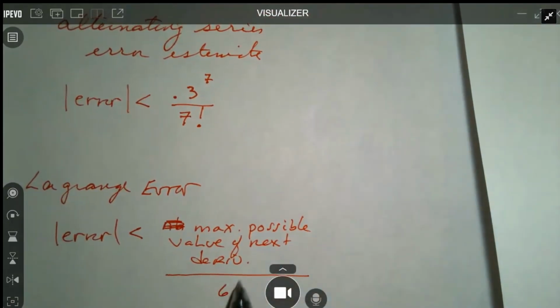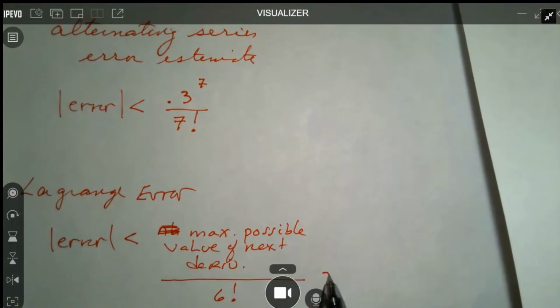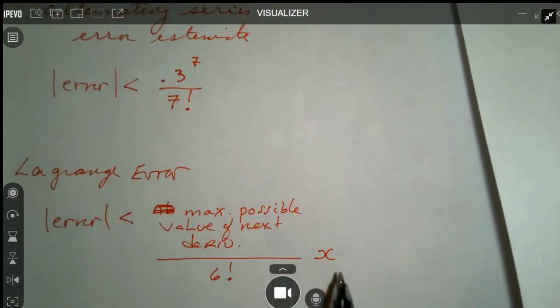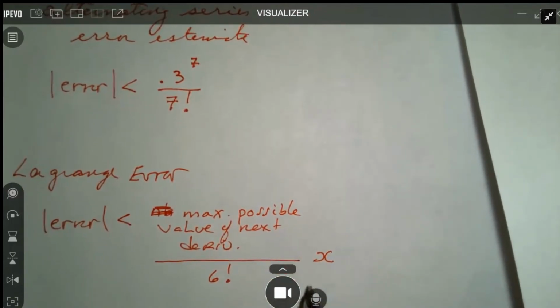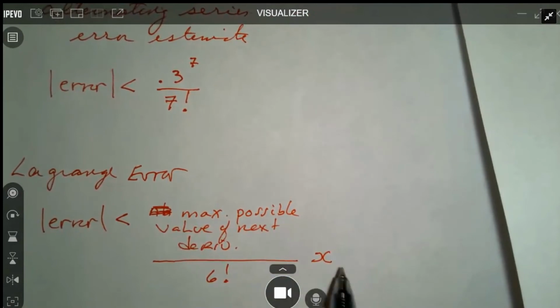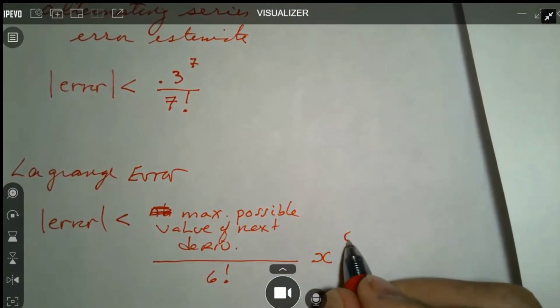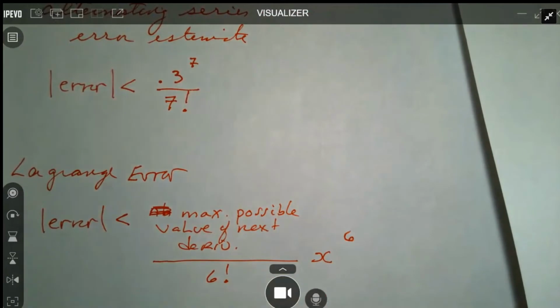So that'd be 6 factorial times the largest value of x we have between negative 0.3 and 0.3, which is 0.3. But I'll get to that in a minute. So this is the basic format.